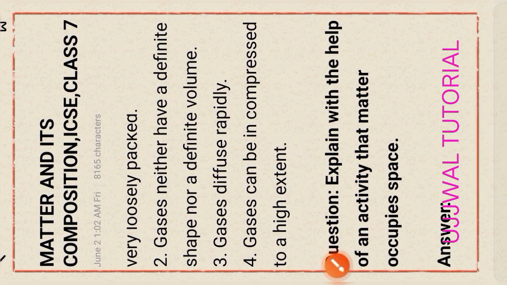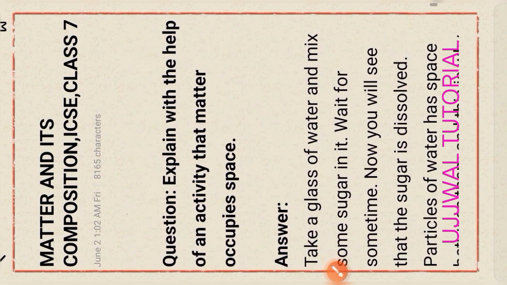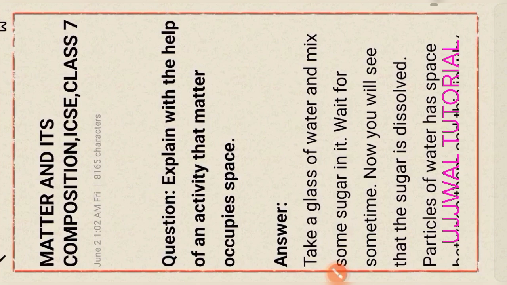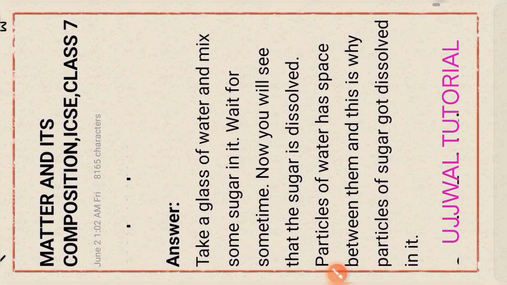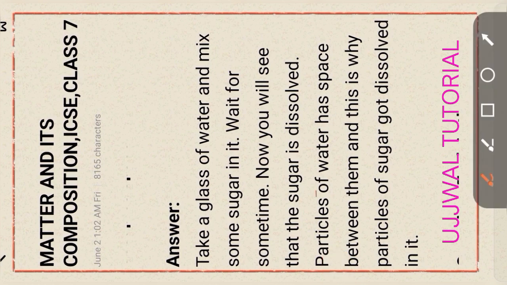Next question. Explain with the help of an activity that matter occupies space. Take a glass of water and mix some sugar in it. Wait for some time. Now you will see that the sugar is dissolved.